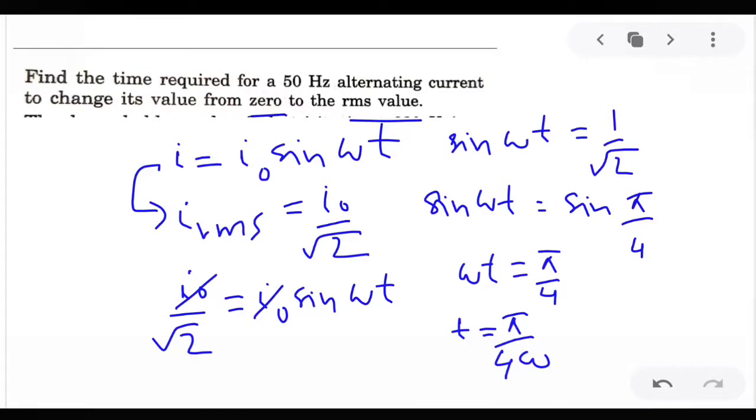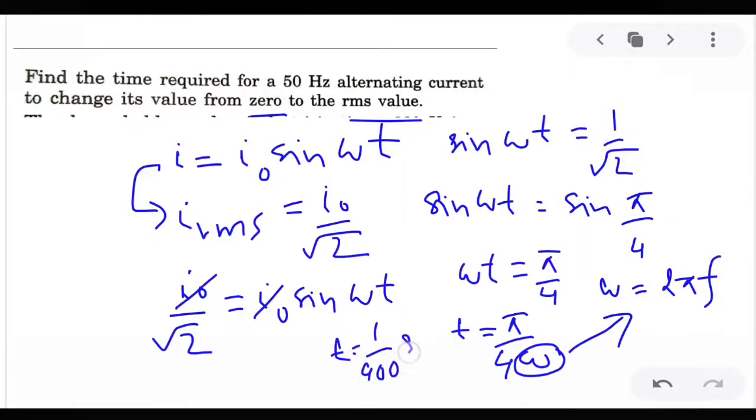Now angular frequency omega is equal to twice pi times frequency. Frequency is 50 Hertz. So here we have to substitute twice pi times frequency. If you substitute this, you will get t is equal to 1 by 400 second.